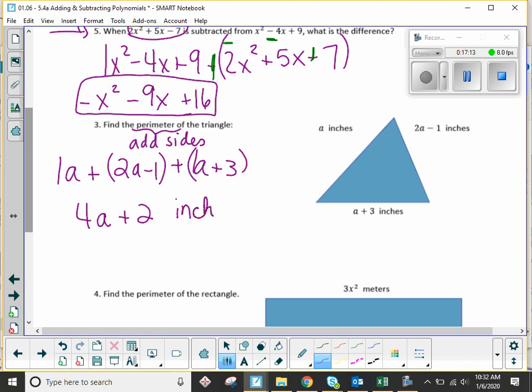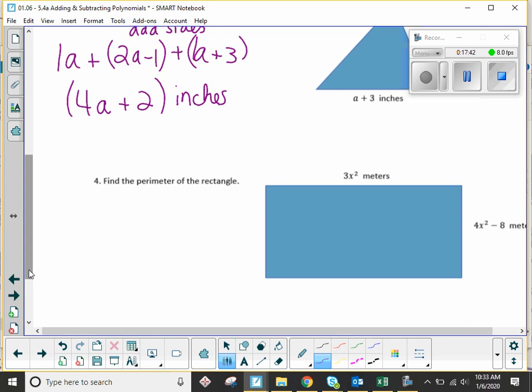So look at how this is written, and tell me why you think I would like for you to do this. Why would I like that? Because that's like all shapes. It's a binomial, it's a polynomial, and it means that the inches goes with the entire thing, not just the 2. I'm not going to count off if you don't put the parentheses, but in my professional opinion, you should put them. All right, try number 4.